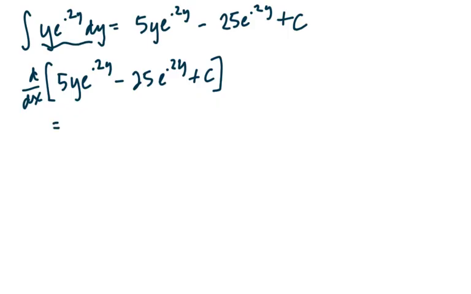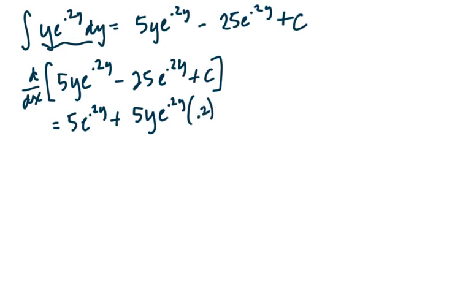So let's take the derivative. The derivative of 5y is 5, product rule, and we keep the e to the 0.2 y, plus we keep the 5y, and the derivative of e to the 0.2 y is e to the 0.2 y, and the derivative of 0.2 y is 0.2, chain rule.